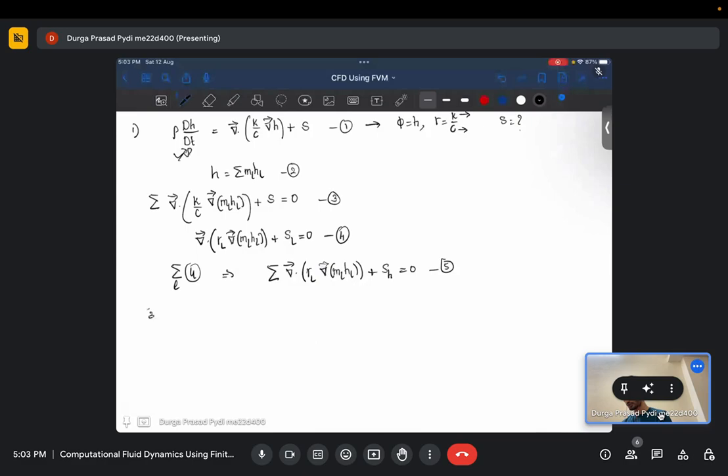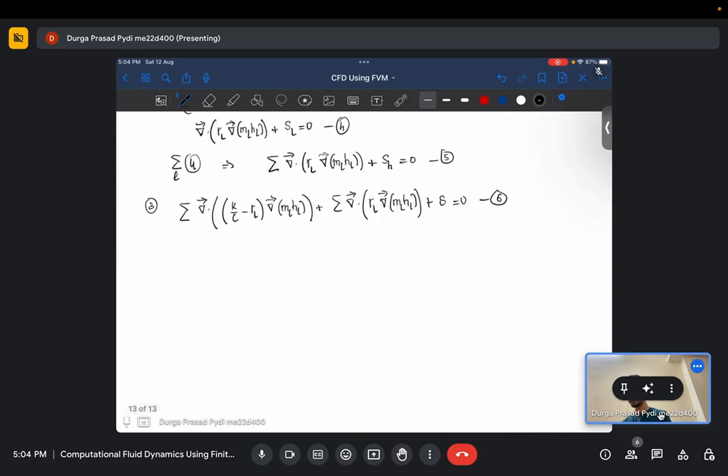So essentially we add and subtract a gamma L term plus S equals 0. This is my equation number 6.